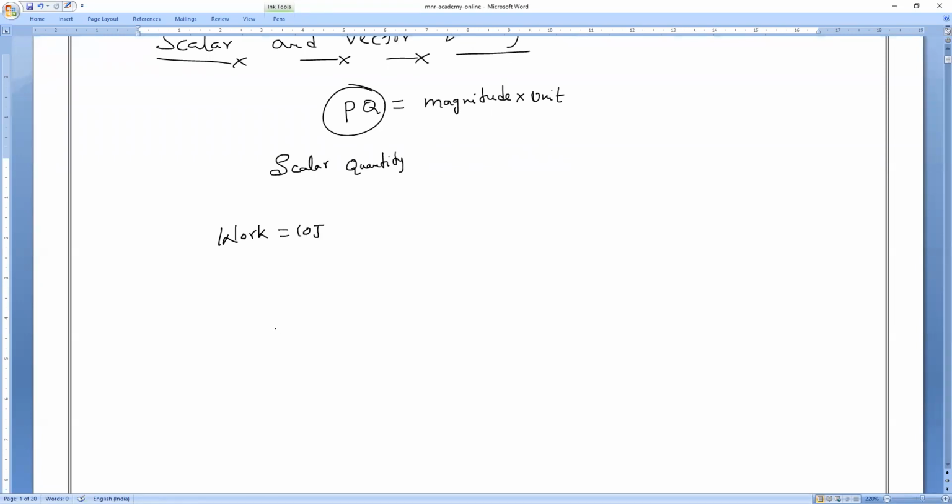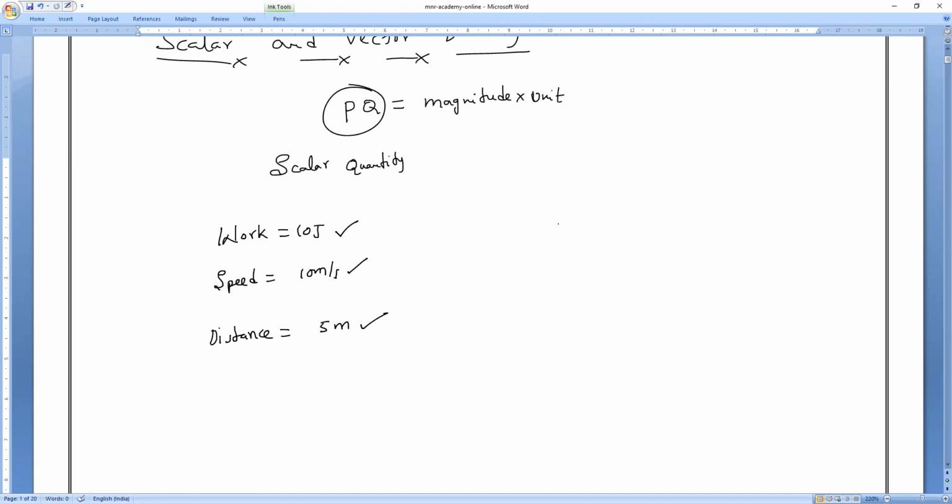Or the speed of my car is 10 meter per second, or the distance covered by me is 5 meters. In all these, work done is 10 joules, speed is 10 meter per second, distance traveled is 5 meters.